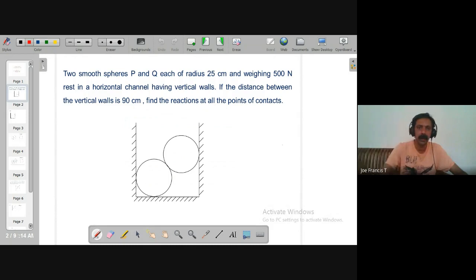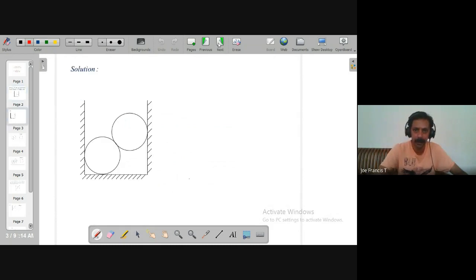If you were to solve this particular problem, there are two spheres, P and Q. Suppose this sphere is P and this is sphere Q. They are resting in a channel, which is perpendicular to the wall, and this is a cross section of it.